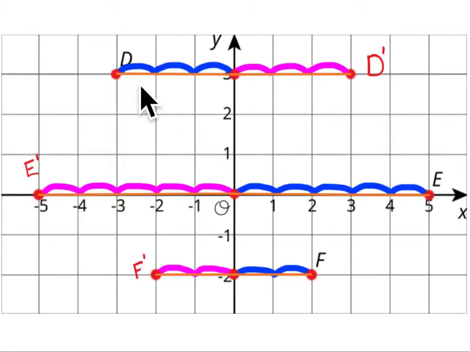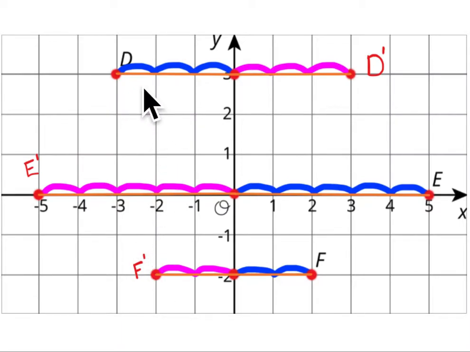And so I showed the distance from the original point to the line of reflection, which is Y, in blue. This is 1, 2, 3, 1, 2, 3, 4, 5, and 1, 2. And then the distance on the other side in pink. It has to be an equal distance. So it's 1, 2, 3, 1, 2, 3, 4, 5, and 1, 2. So D prime, E prime, and F prime.